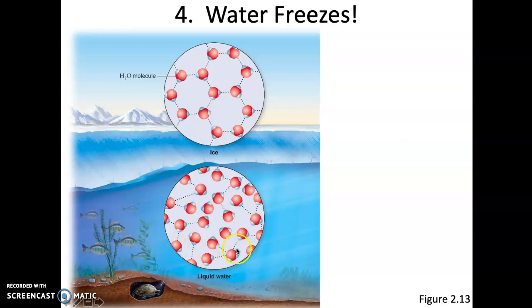There's how many? I don't know, 2, 4, 6, 8, 10. Look how many of these molecules are in here when it's liquid. And then if it gets too cold, they separate out. They move away from each other and form these hexagonal patterns. And then all of a sudden, they become much more spaced away from each other.